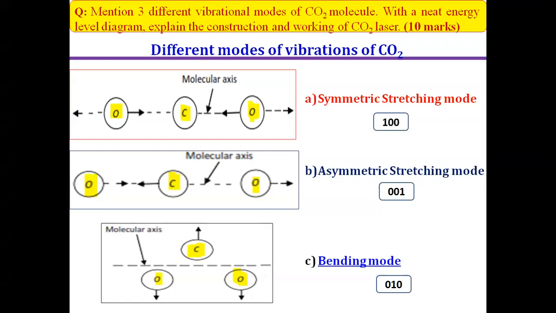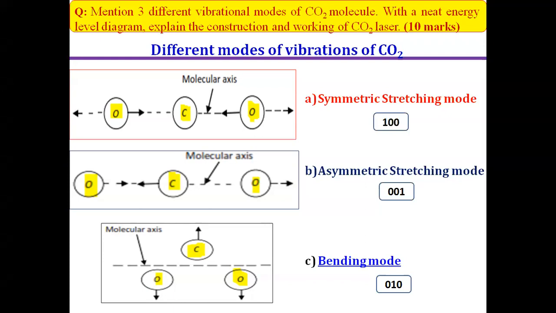We have to account for the ground state, the excited states and the metastable states in the carbon dioxide molecule. You should understand that these different energy levels of the carbon dioxide molecule actually come from different modes of vibration of carbon dioxide.